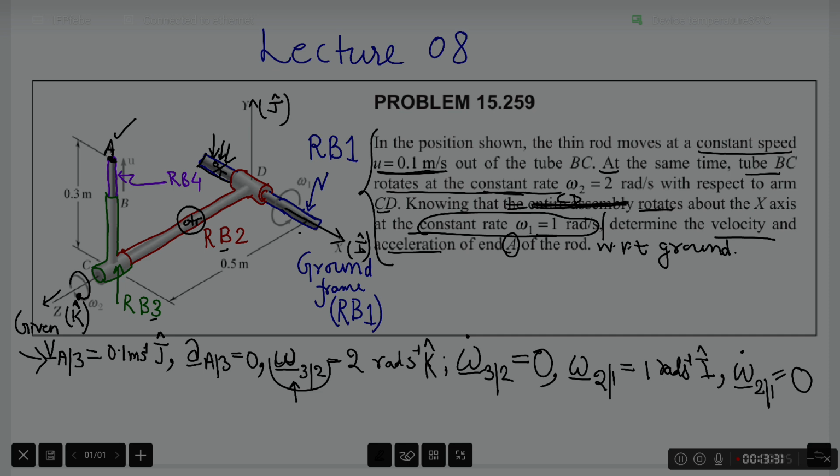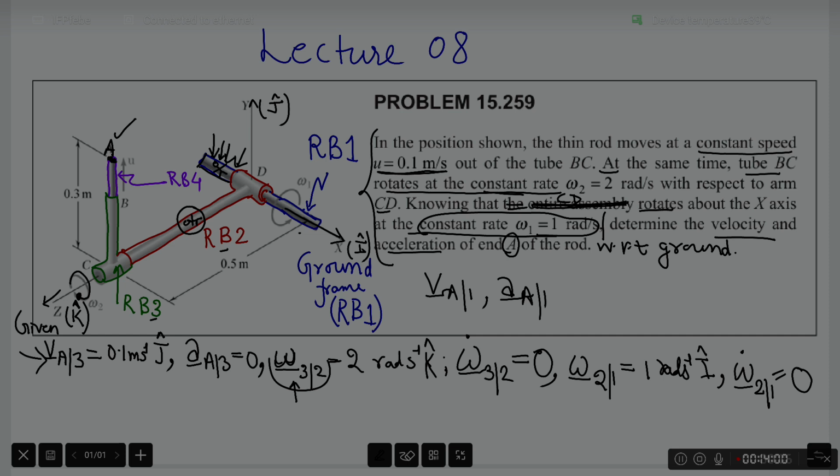To find velocity of A with respect to RB1, which is same as 1 is same as ground, and acceleration of A with respect to 1 seems complicated if we try to visualize the motion of A directly through the eyes of this observer here.